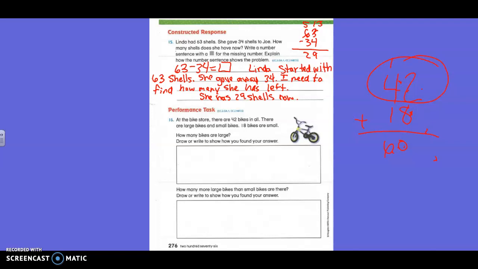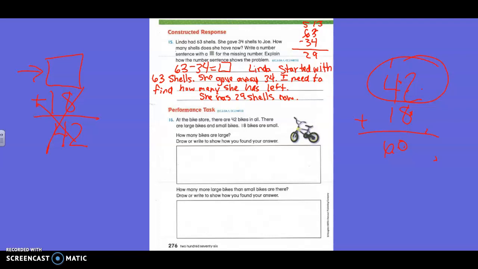Now here, if you wanted to add, you would have needed to make sure that your big number is on the bottom. And then you could have had 18. You would have needed to see, well, what would make 42 with 18? 8 plus what could equal 2? Nothing, so you'd have to make a 10, right? Okay, but that's hard, because it would be blank plus 18 equals 42. But in order to find the missing number, you can subtract.